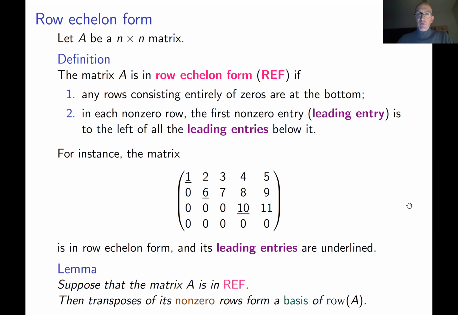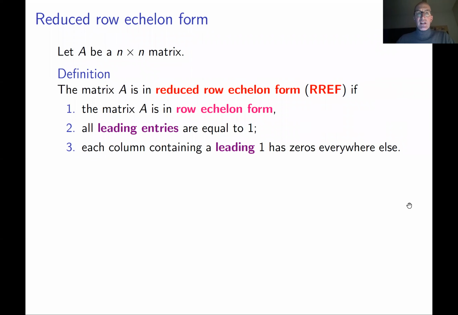row echelon form. So basically, by definition, matrix A is said to be in reduced row echelon form, usually abbreviated like this, RREF. You can see this abbreviation quite often in many sources.